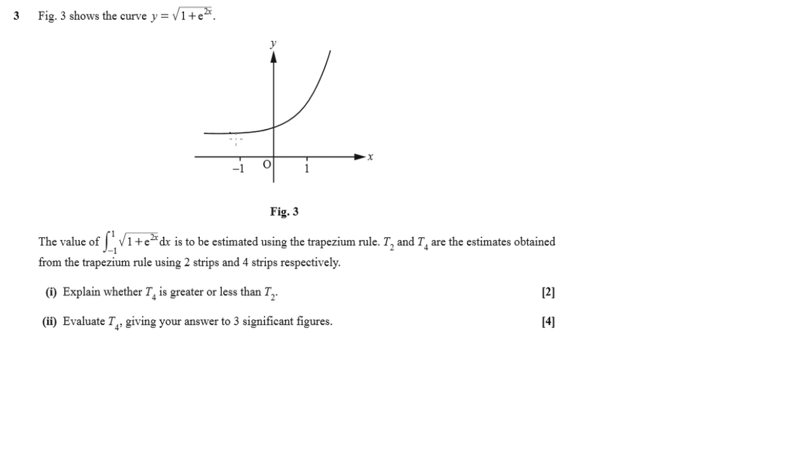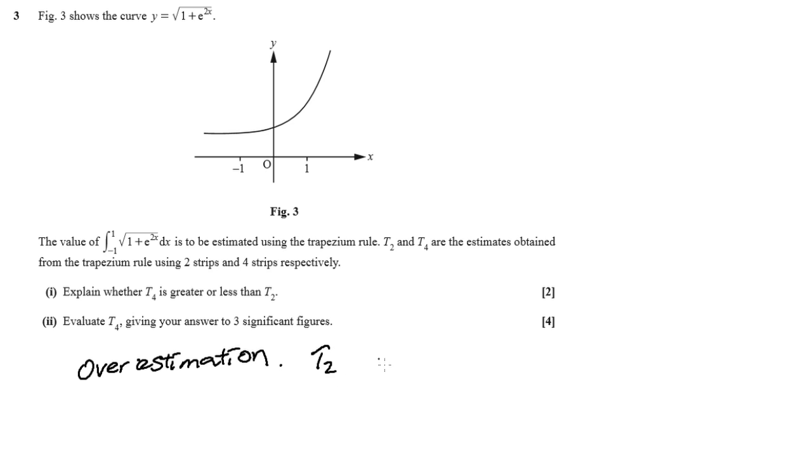So note the fact that the gradient of this curve is constantly increasing, which means that when you take the trapezium rule estimations, it will be an overestimation. So first state that it is an overestimation, and using that information, we know that the fewer strips you take, the less accurate or less true the value is.